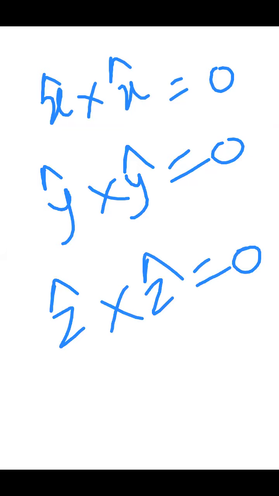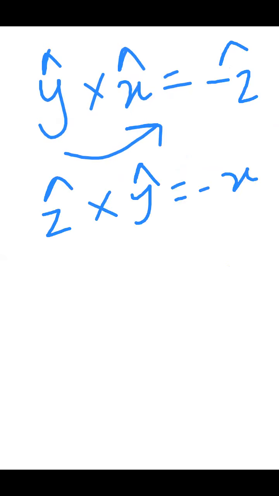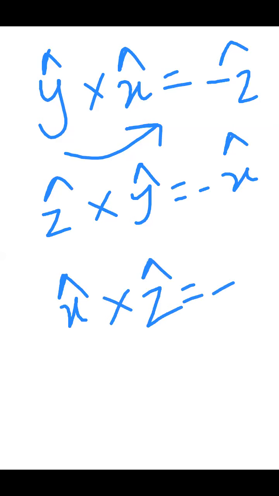And please somebody tell me, if I am taking y cap with x cap, what is the answer? Minus z cap. Yes, once you are rotating from y to x according to the right hand rule, it will go to minus z cap. Similarly, if you do like this, it will go to minus x cap. And if you do like this, it will go to minus y cap.